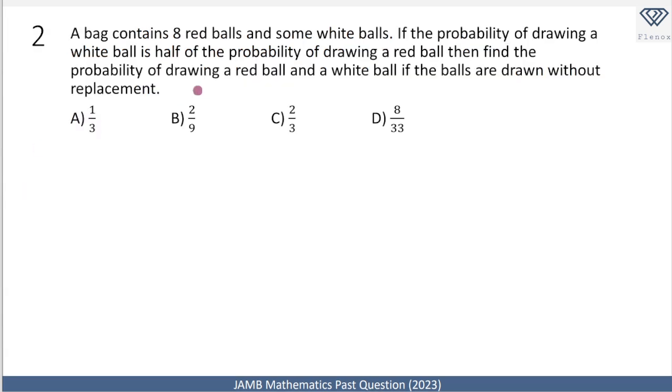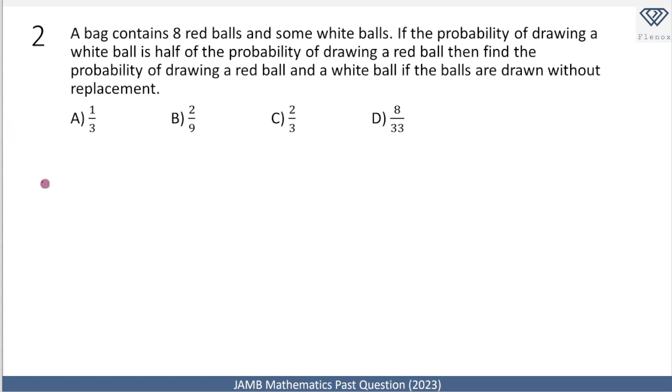Now the next question says that a bag contains 8 red balls and some white balls. If the probability of drawing a white ball is half the probability of drawing a red ball, then find the probability of drawing a red ball and a white ball if the balls are drawn without replacement.